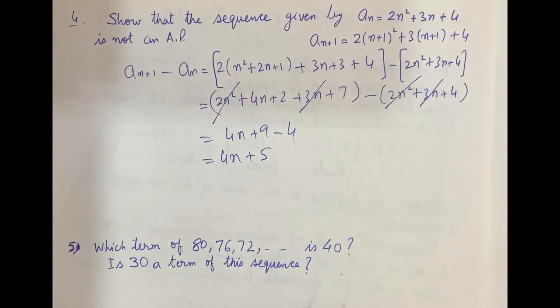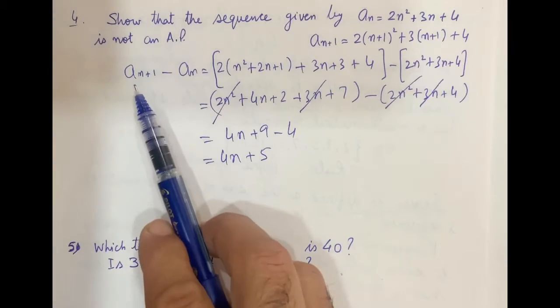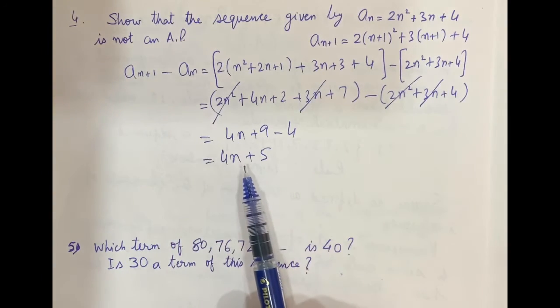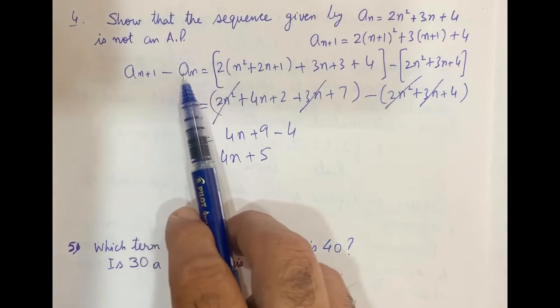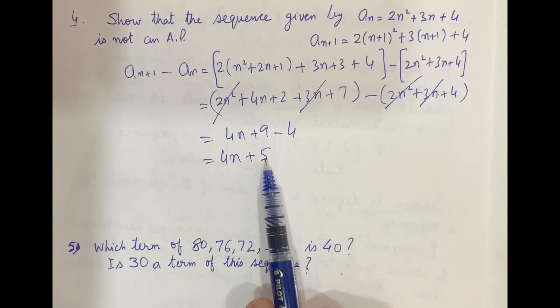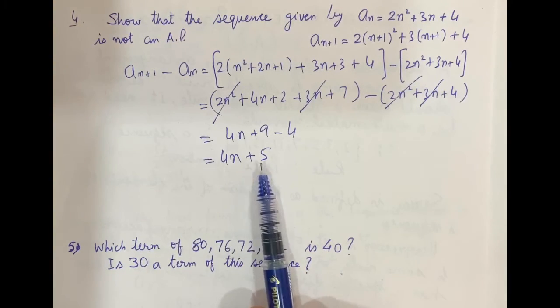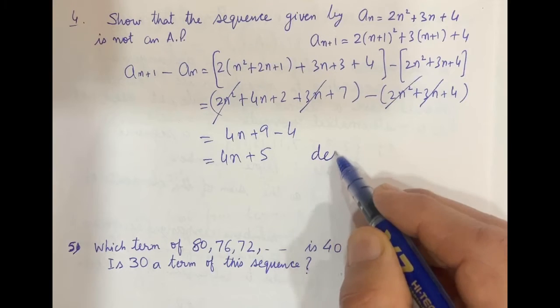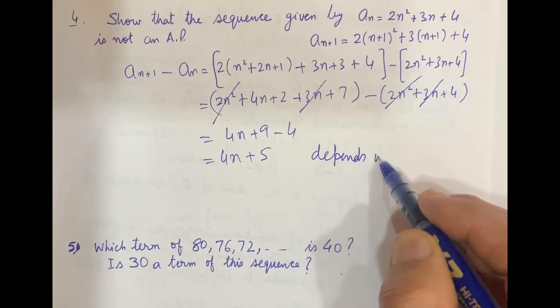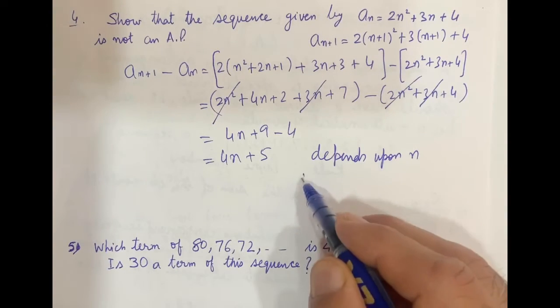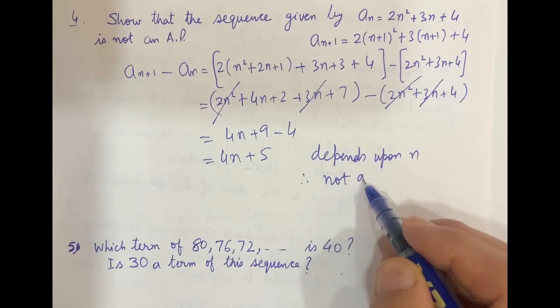So this means the difference of the n plus first term and the nth term will depend upon the value of n. If n is 4, this will be the fifth term minus the 4th term, this will be some value. If it's the 15th term and the 14th, this will be different. So this is not an AP. We say it depends upon n, therefore not an AP.